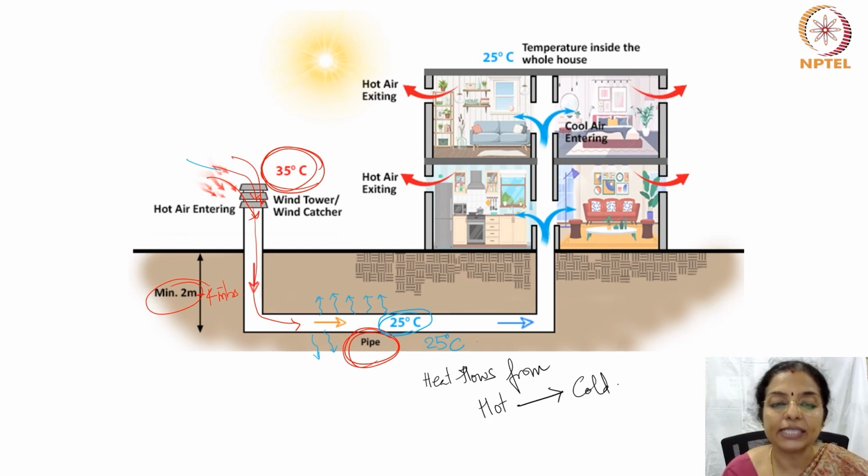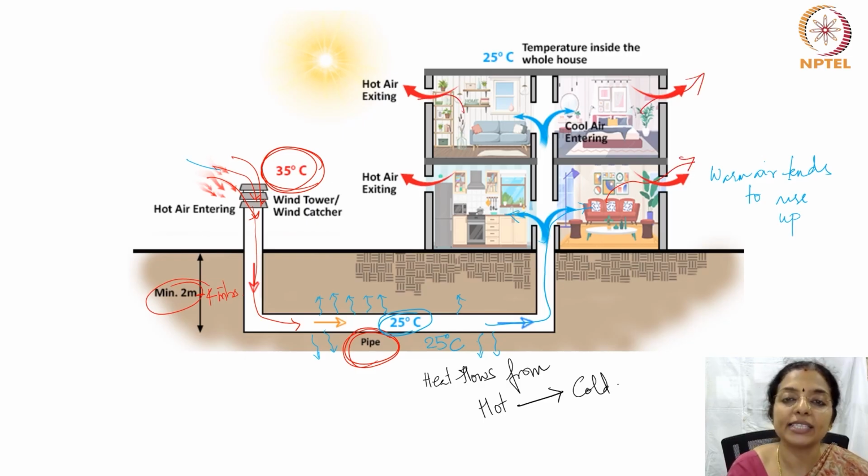Therefore, the air in the tube, which is warm, radiates its heat to the outside, and in that process it becomes cool, and this cool air enters the room. When the cool air enters the room, the hot air escapes, because warm air tends to rise up, and cool air always settles down. Therefore, warm air which rises up escapes through vents which are designed to be placed at the top level of the room.